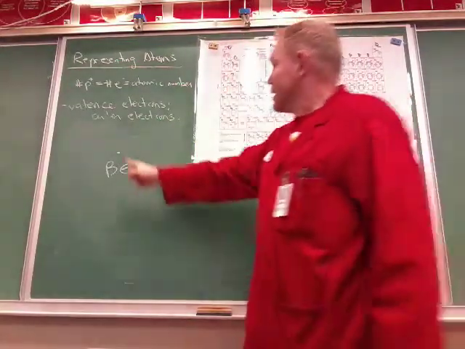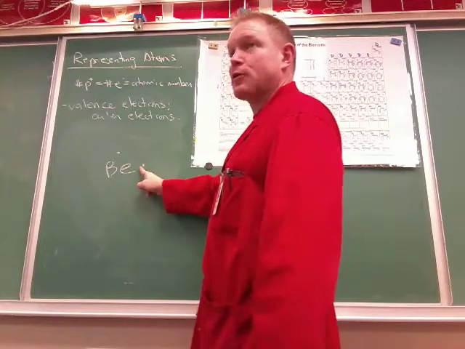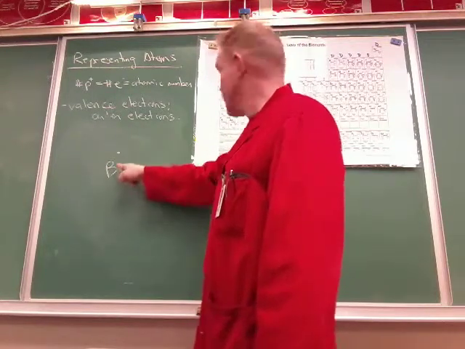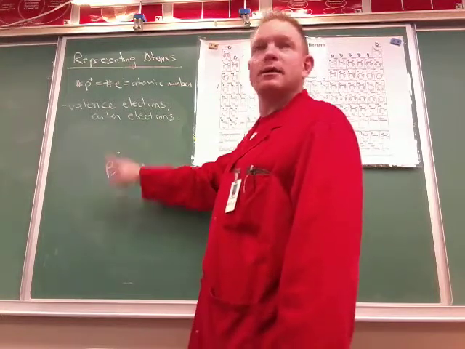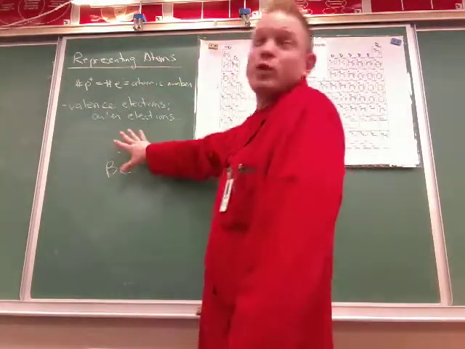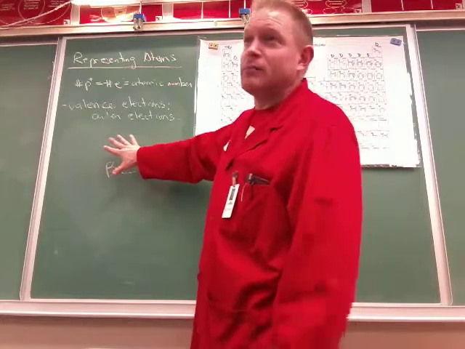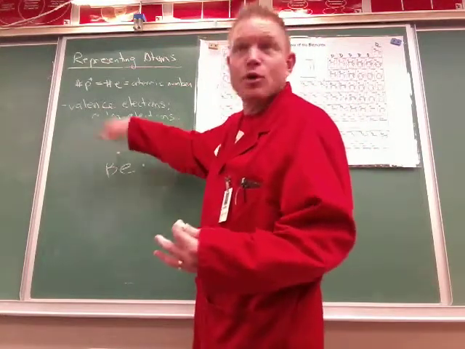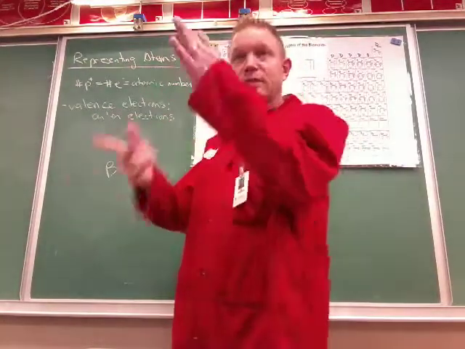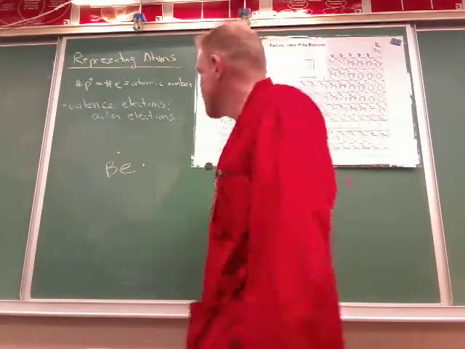Okay? Does it have to be at like 12 o'clock and 3 o'clock? No, it doesn't really matter. Some teachers will say, put it on the opposite side. It's going to repel it away. No, don't worry about that. We really don't know where the electrons are around the atom. We know that they aren't paired up, so it doesn't matter where you put them, as long as they've got two unpaired, okay?